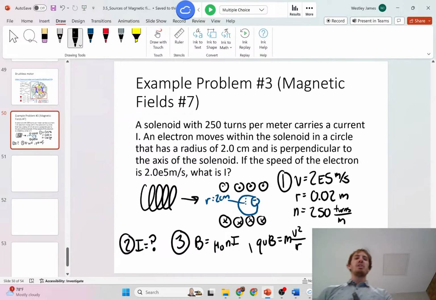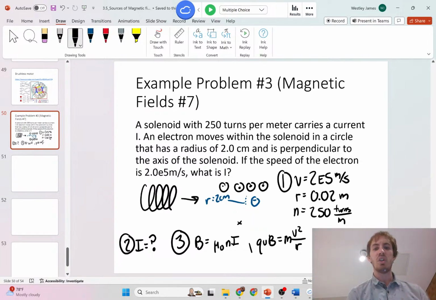And actually my picture here isn't the best, because this circle is not the path that I showed you here. If this is my solenoid, the circle is actually going to be going like this, inside the solenoid in this path. How do I draw that well? It's not an easy way for me to draw that. I guess we could view it from the other side.